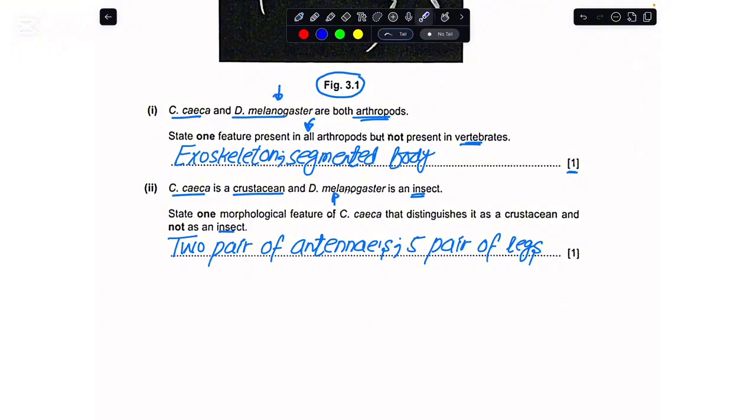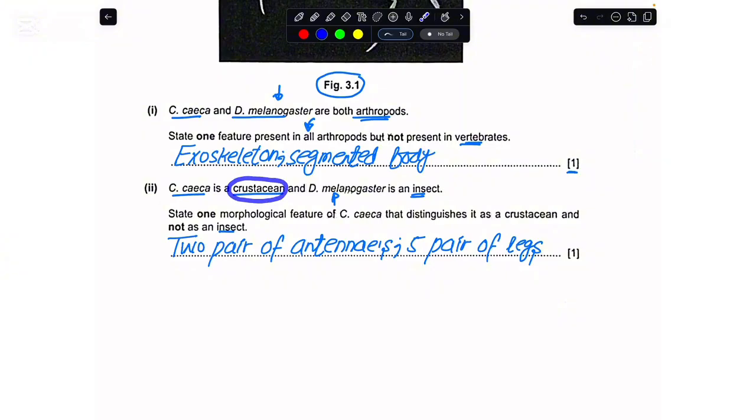Now the simple idea is that the insects have exactly three pairs of legs. Whenever we talk about the crustaceans, they have more than four pairs of legs, and the crustaceans also have an exoskeleton that is made up of calcium. The insects have just one pair of antennae.